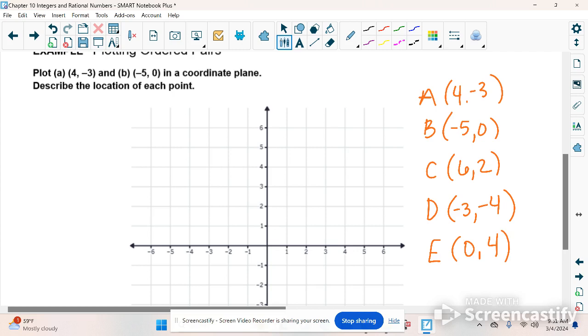I want us to copy those down, and we're going to plot those points.